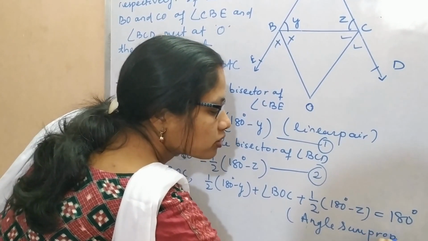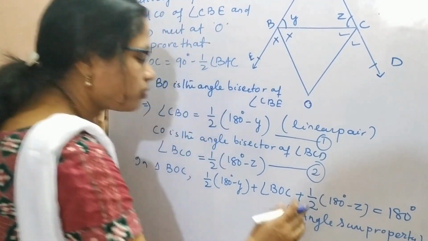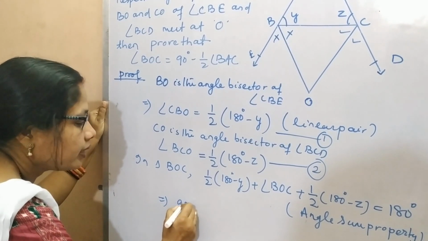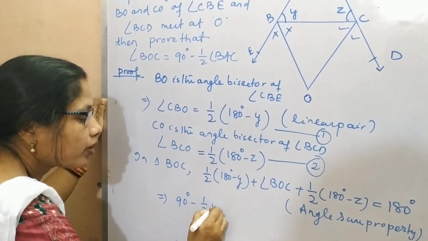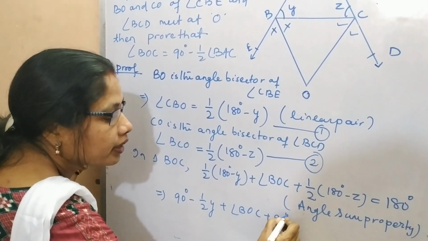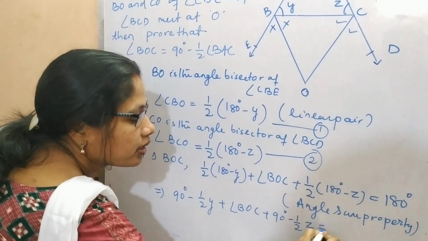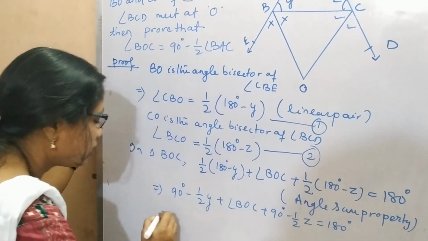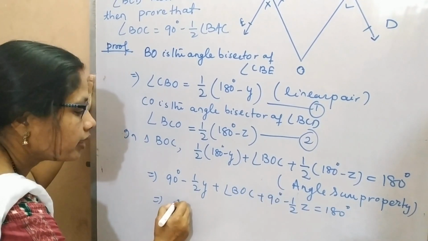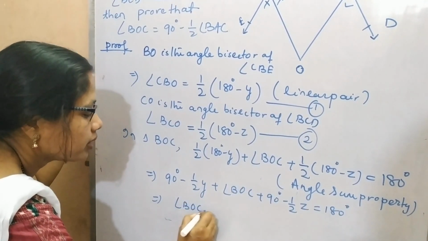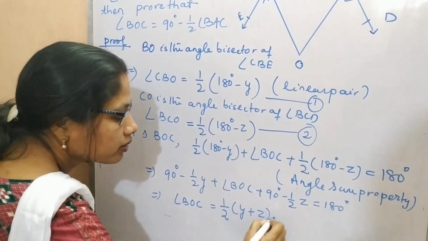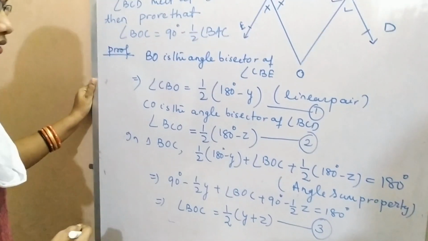In a triangle, the sum of all angles is 180 degrees. So this implies 90 degrees minus half of Y plus angle BOC plus 90 degrees minus half of Z is equal to 180 degrees. So 90 plus 90 is 180, then 180 cancels, then angle BOC is equal to half of Y plus Z. This is our equation 3.